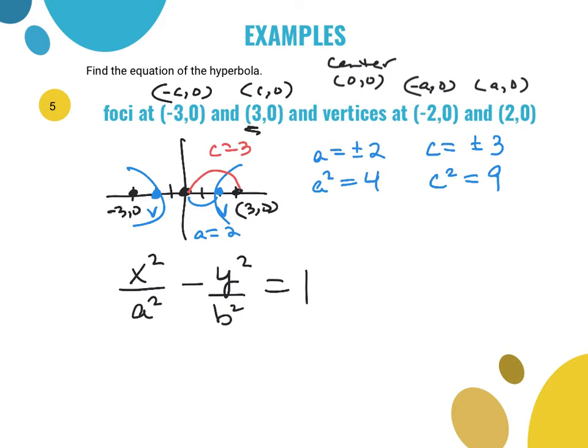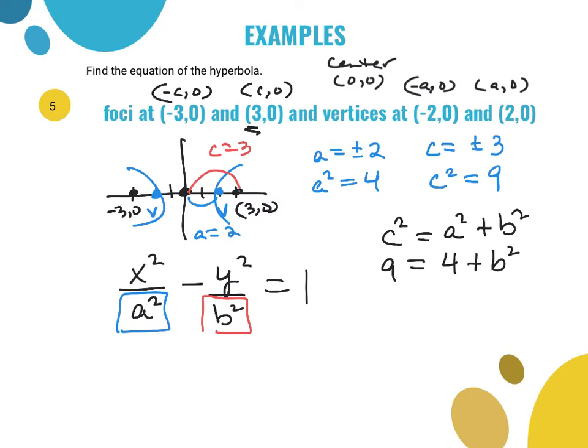But remember, what we're filling in the formula is just a squared and b squared. So to get b squared, I use the formula c squared equals a squared plus b squared. I'm going to fill in c squared with a 9, a squared with a 4. I'm going to isolate b squared by subtracting 4, and b squared equals 5.